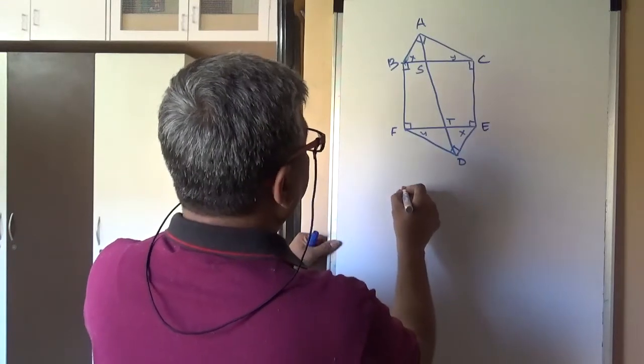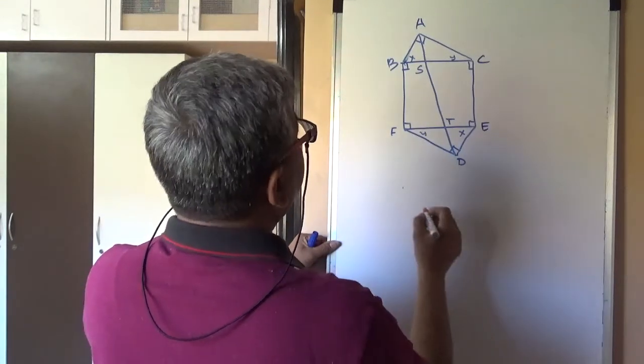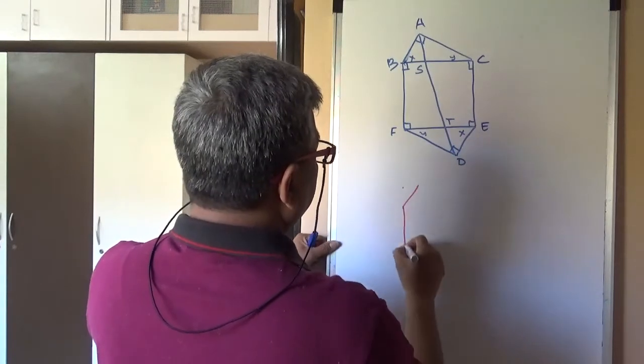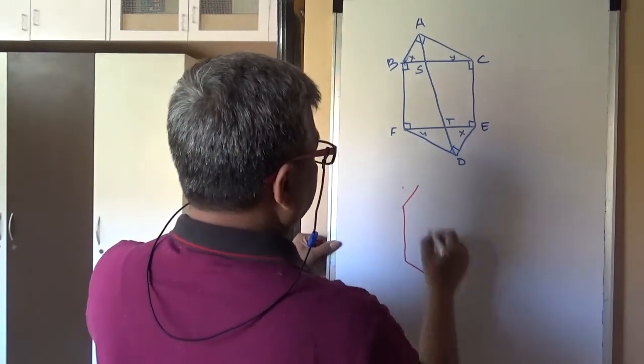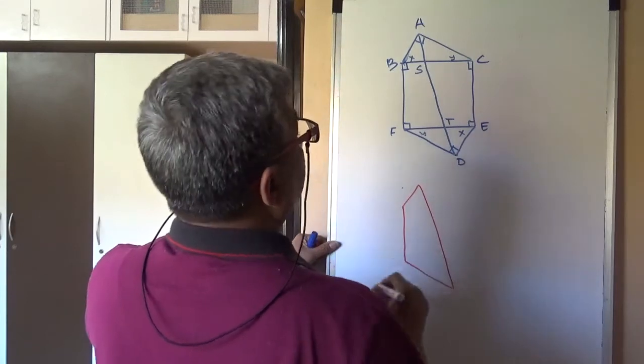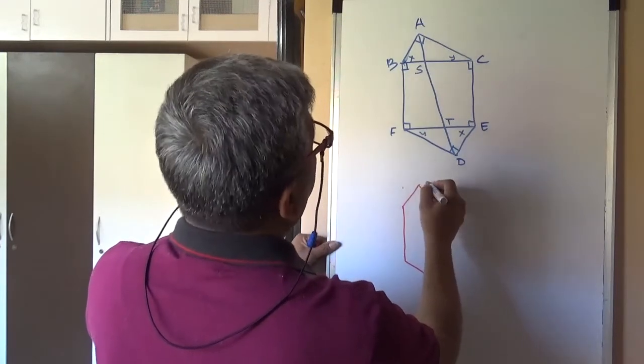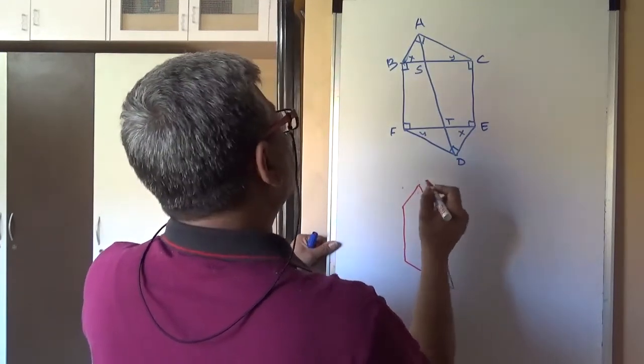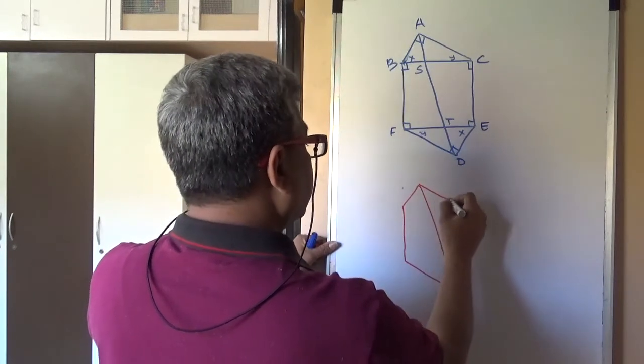way of putting it is basically, let me draw one piece the way it is, and the second part also is going to be something like this.